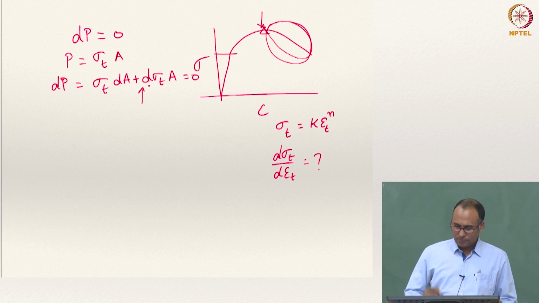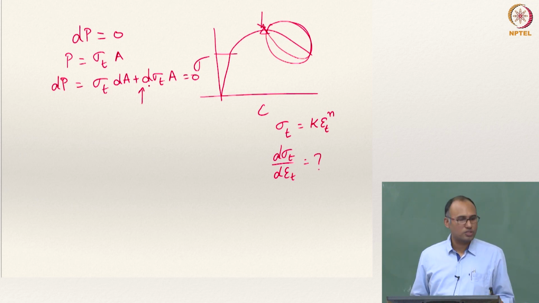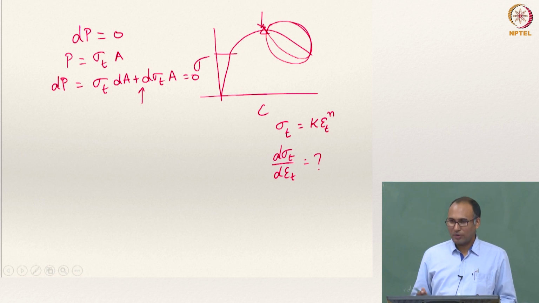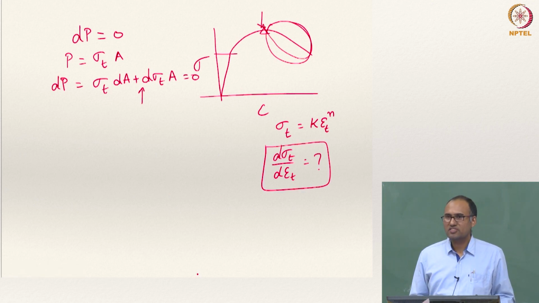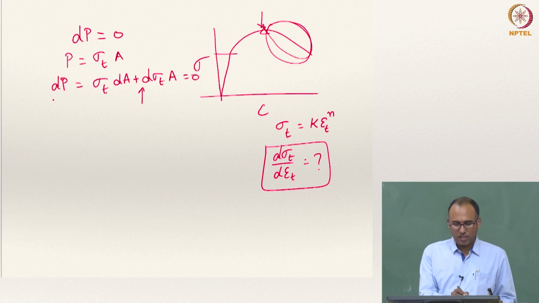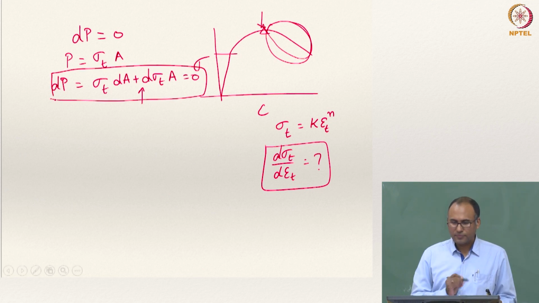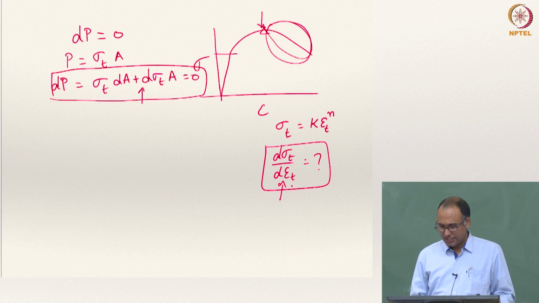You start here and you know everything about the stress strain relations. So now I want you to find out this quantity. You know that at the onset of necking this is the condition. So you can clearly see that d sigma T by d epsilon T is equal to K n epsilon T to the power n minus 1.